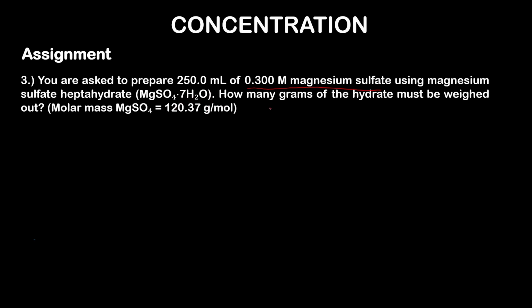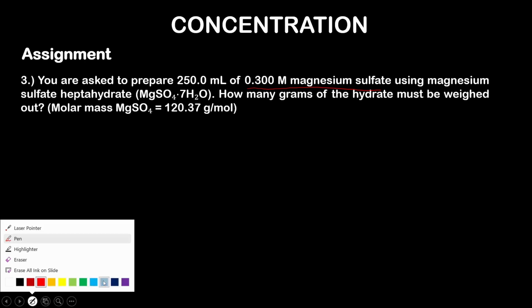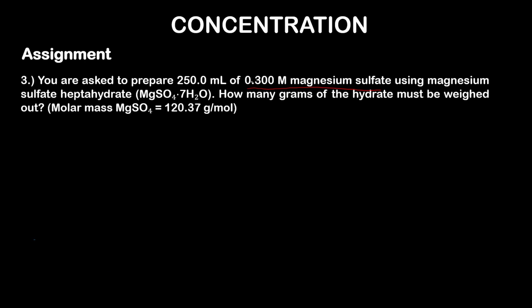To solve this, we start with the concentration: 0.300 mole of magnesium sulfate, that's the final concentration you want, per liter. This is molar.